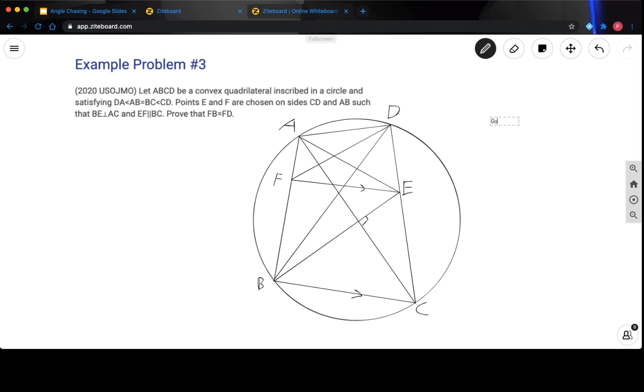So we can write our goal as to show that angle FBD is equal to angle FDB. This is our goal, and if we can show this, then we show that FB is equal to FD.